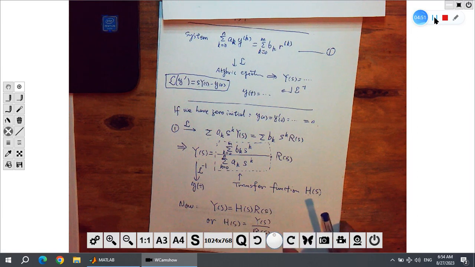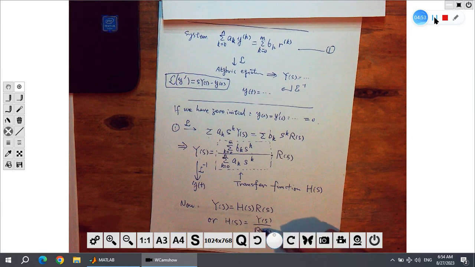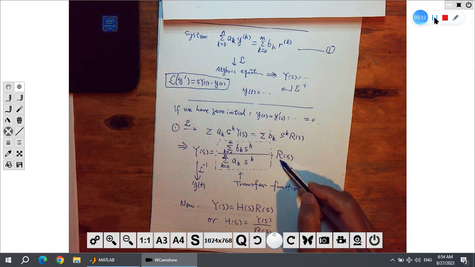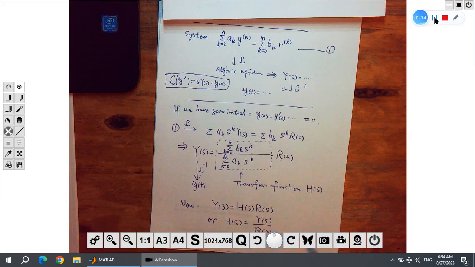You can select some R, get a Y, and then you have H of s. Then for different inputs, you can find the output, because you already have the transfer function. Transfer function times input gives output. It's a very convenient tool.